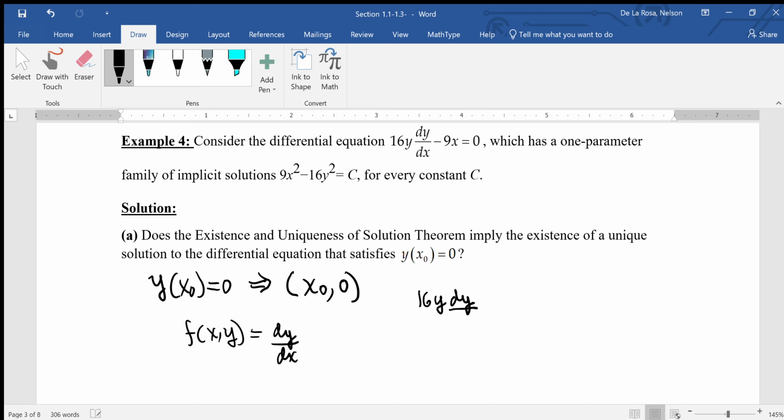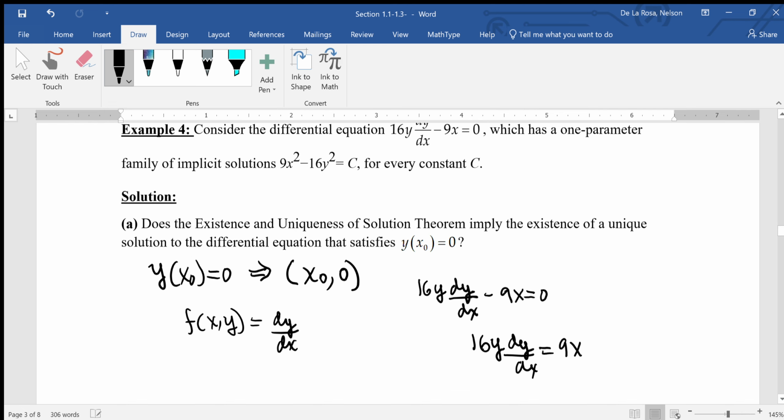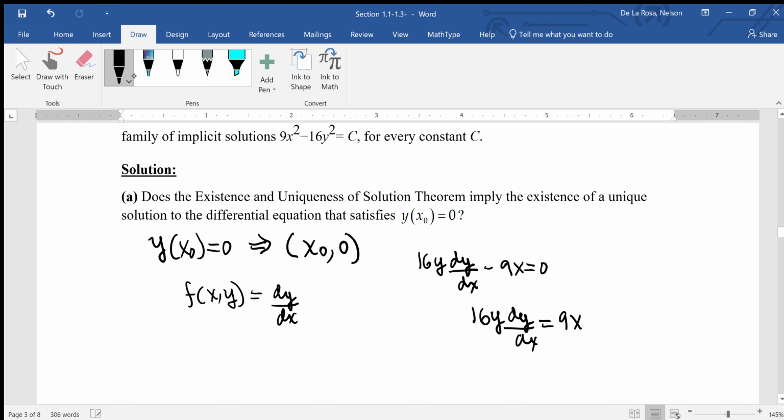This is our problem. If we isolate dy dx, then we're going to have 16y dy dx equals 9x, right? And then we have dy dx equals 9x over 16y, right?